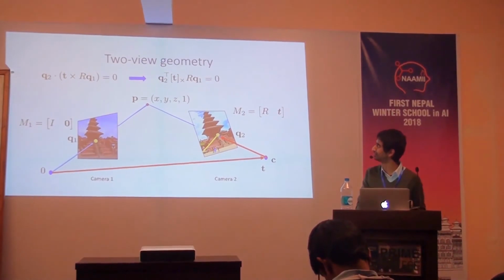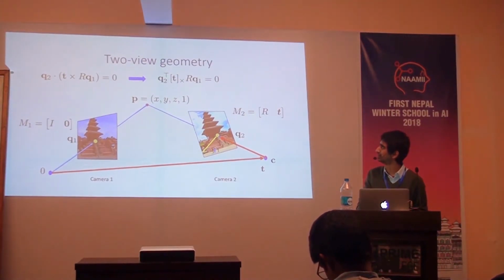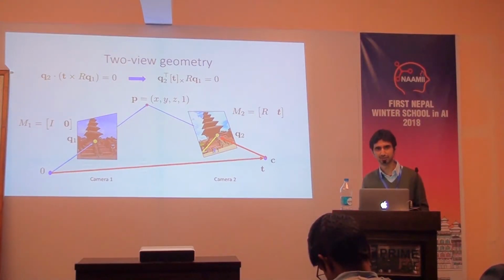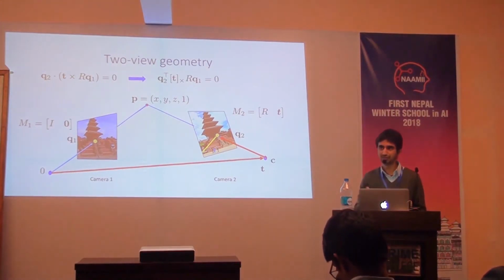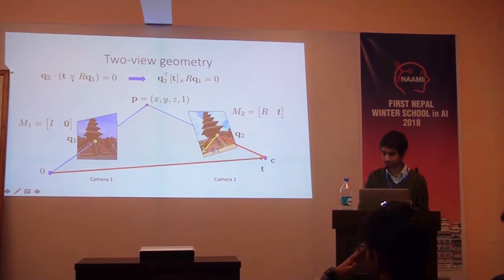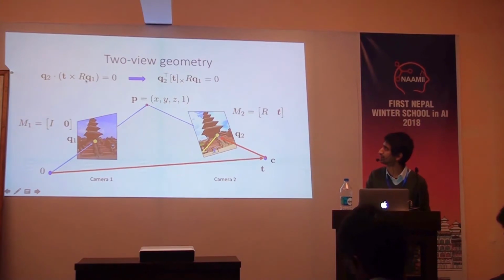Now I already gave you the answer. The first thing you can write about the cross product is that you can express it as a matrix times vector multiplication, as we discussed earlier. First, Q2 is equal to R Q1, the rotation of Q1, because the camera has been rotated with the same rotation.